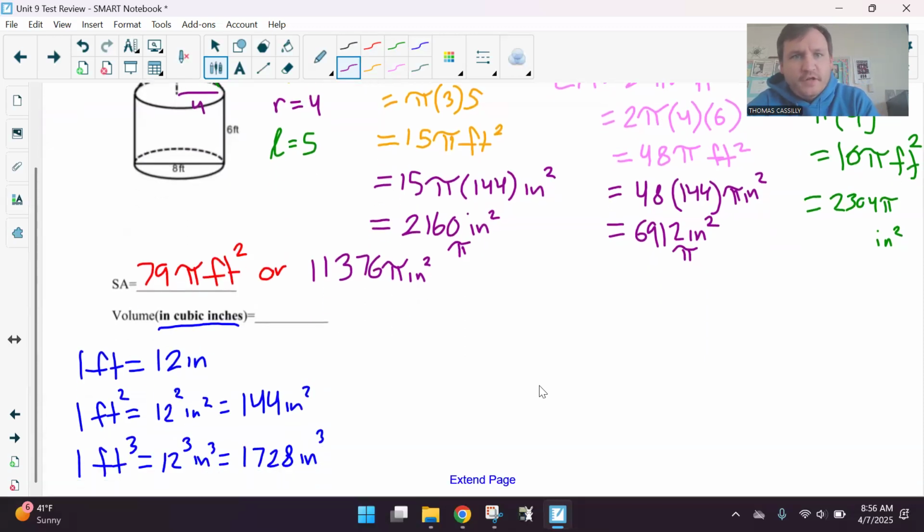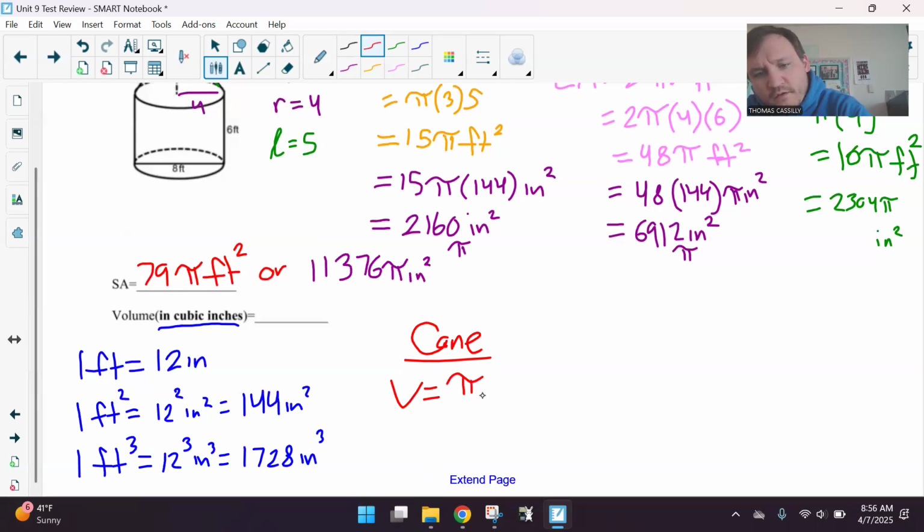Now we need to find the volumes. So the volume of the cone. What's the volume of the cone? That's pi r squared, the area of the base, times the height, divided by 3 on this one.